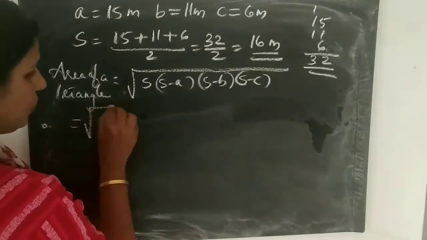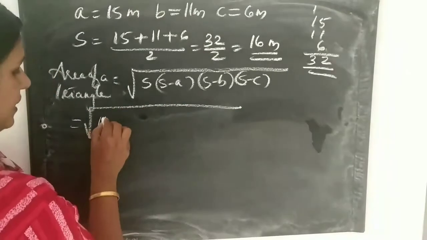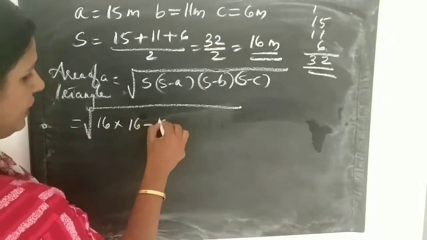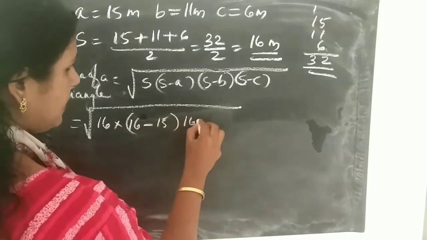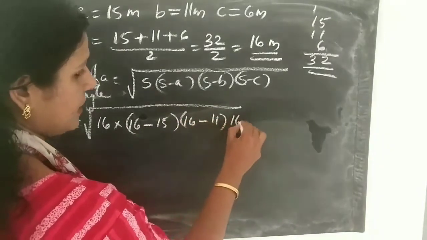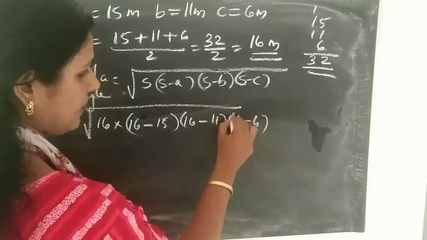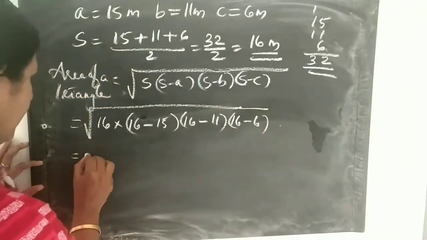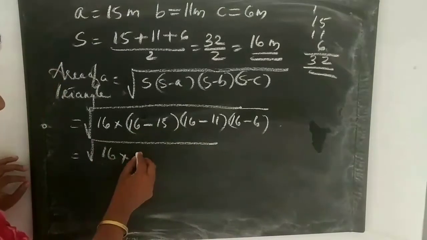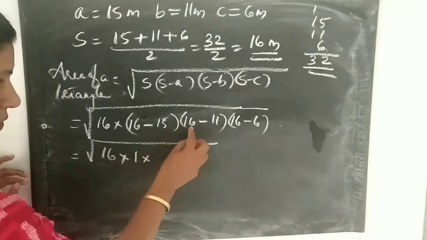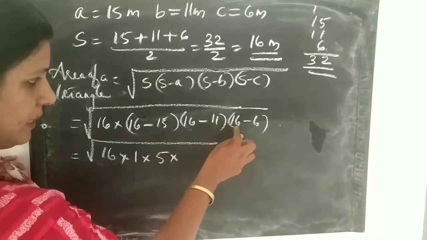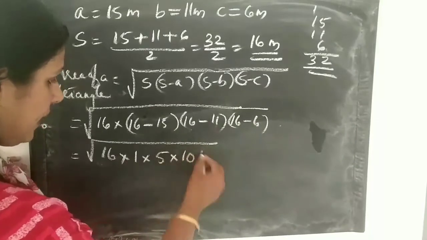That is root of S is 16 into 16 minus 15 into 16 minus 11 into 16 minus 6. Then root of 16 into 16 minus 15 is 1 into 16 minus 11 is 5 into 16 minus 6 is 10.